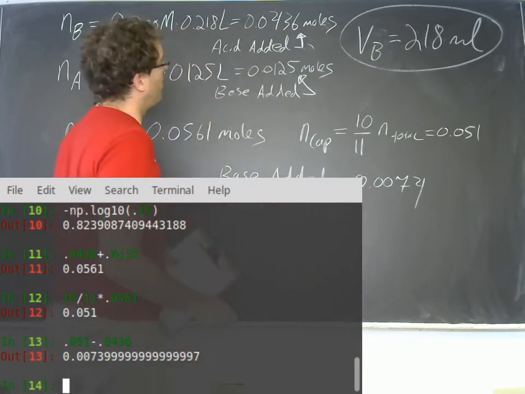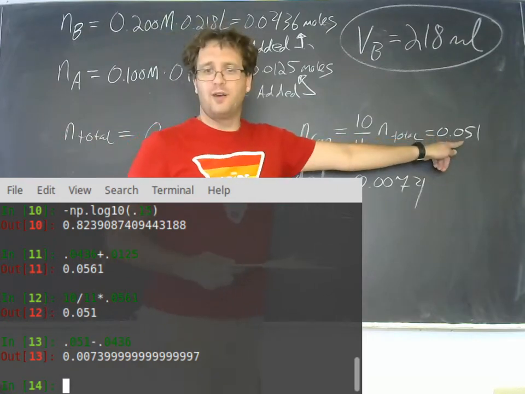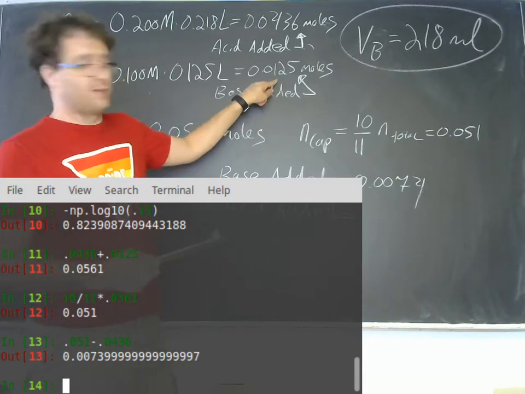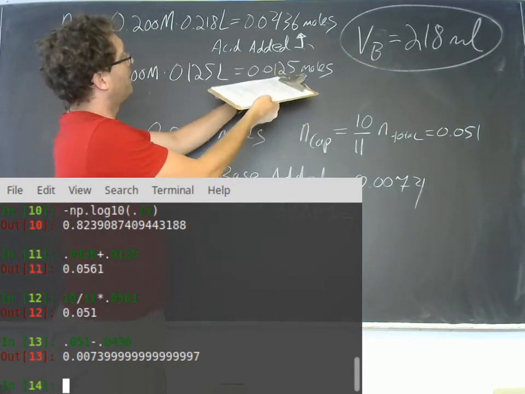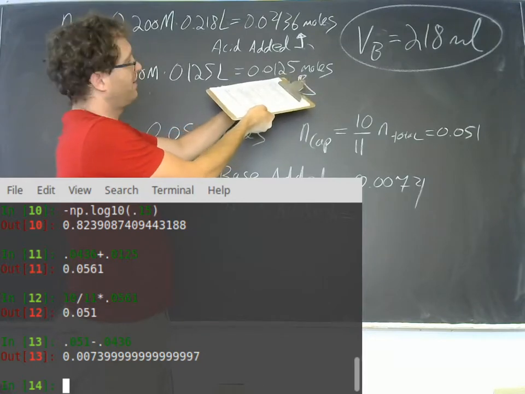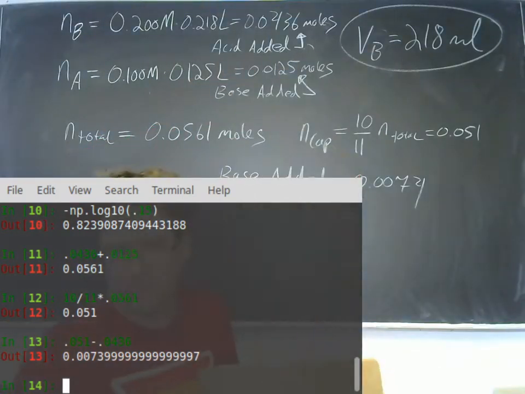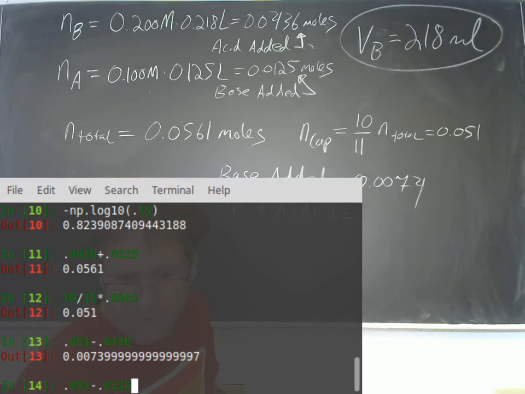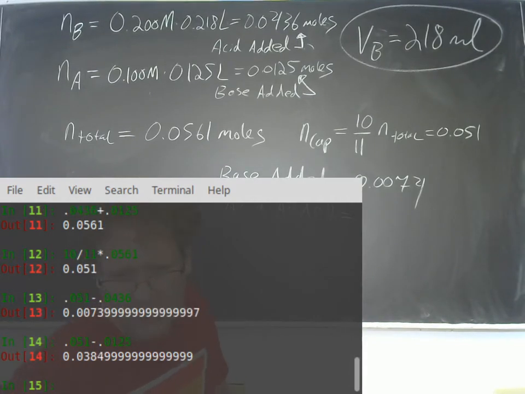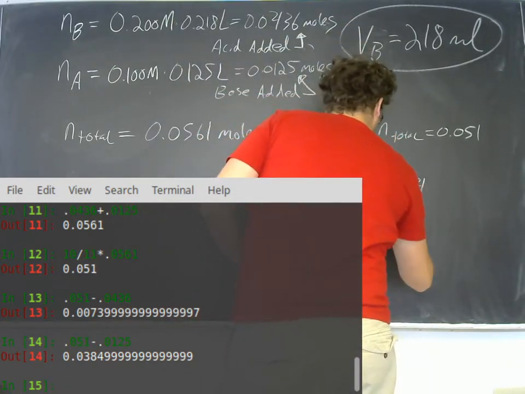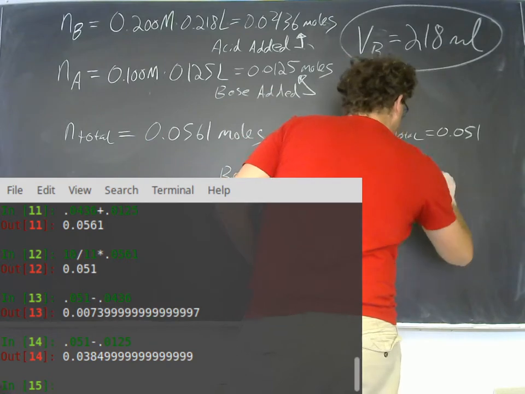That would be 0.051 minus this time the amount of acid that I currently have, because as I add acid, we'll be increasing the amount of conjugate acid until it reaches N capacity. So that's 0.051 minus 0.0125, which is 0.038 moles.